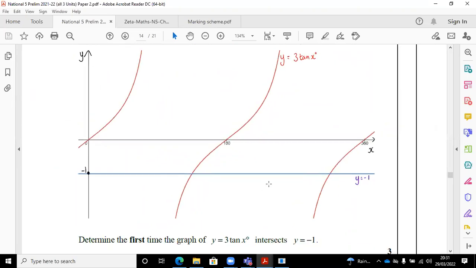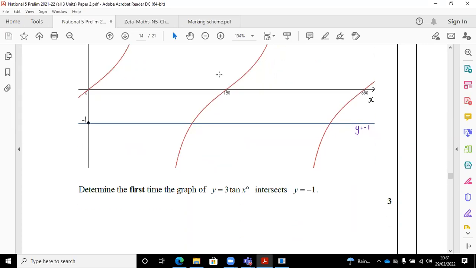What we're looking to do is determine the first time the graph y equals 3 tan x intersects y equals -1. So we've got y equals this, and we've got y equals that. Y equals both of these things, therefore -1 equals 3 tan x at this point. So we need to equate these two things. We need to bring them together.